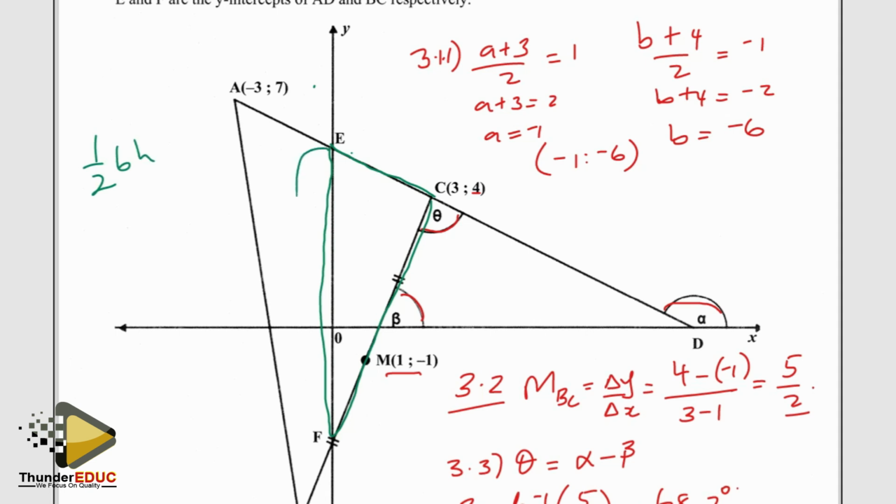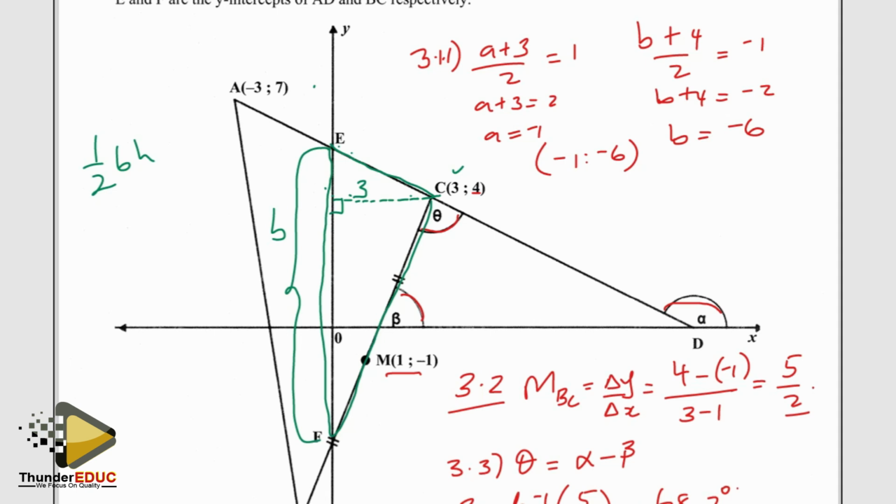So let me take this to be my base. And then if I drop, or if I do that, so that this is perpendicular, this distance here is 3 units. That's going to be my height. And this is going to be my base.